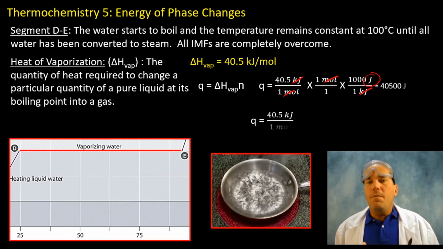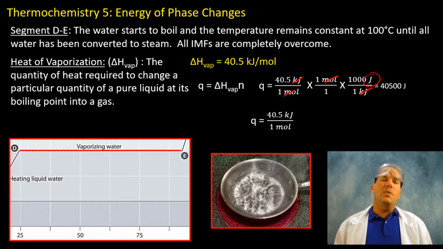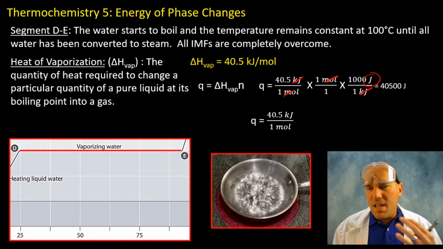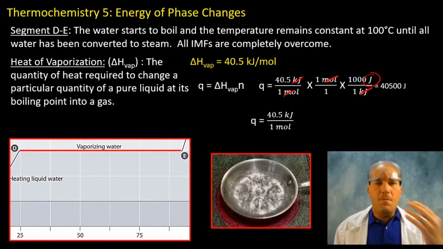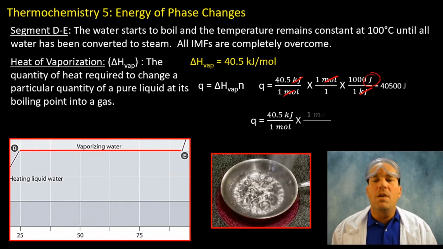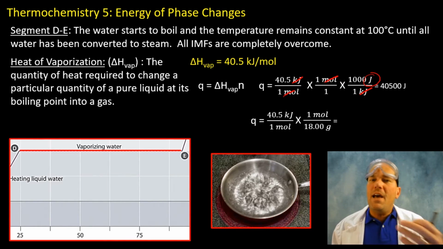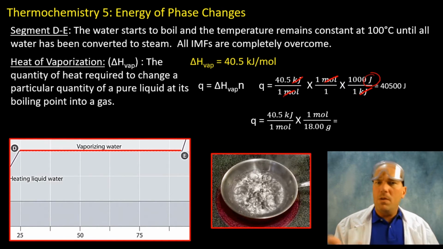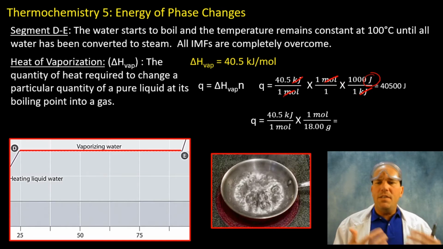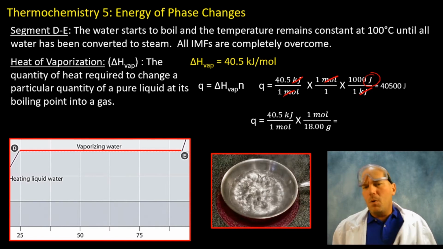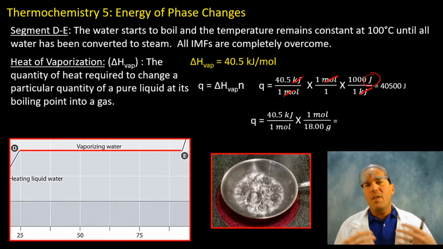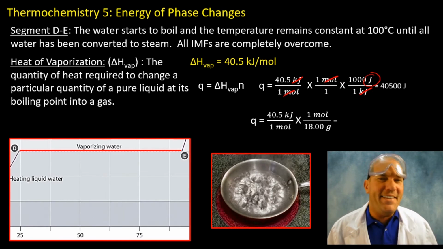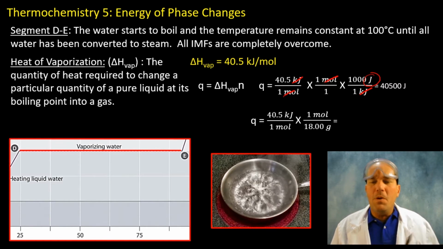Now, if we look at this in terms of the change in enthalpy, we have 40.5 kilojoules per mole. Now let's multiply that by the molar mass, which for water is approximately 18 grams per 1 mole.